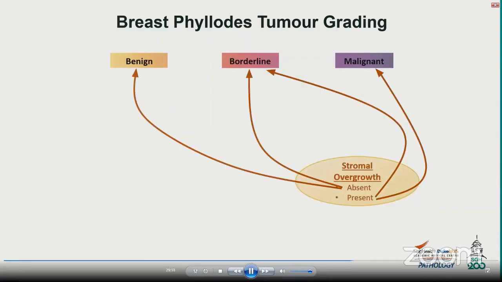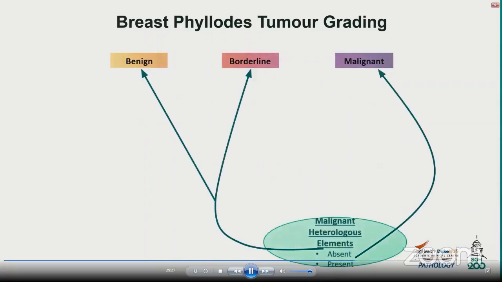Stromal overgrowth is absent in benign and often borderline tumors as well, whereas its presence can be seen in either the borderline or malignant tumor. And the malignant heterologous elements are absent in both benign and borderline grades, and its rare presence in the malignant tumors makes it not very helpful on a regular basis.